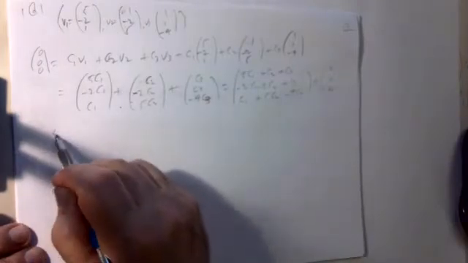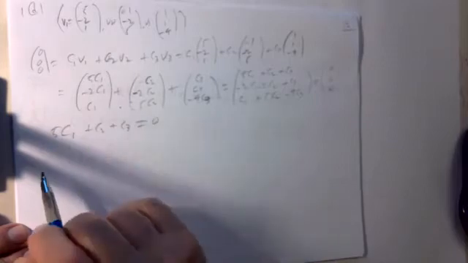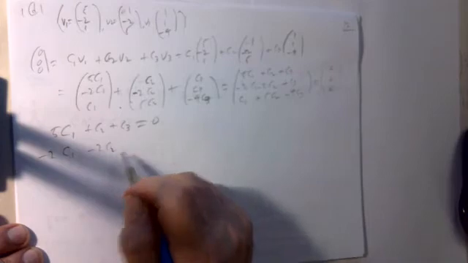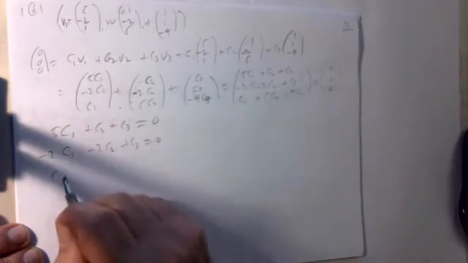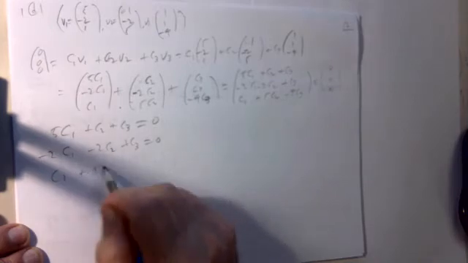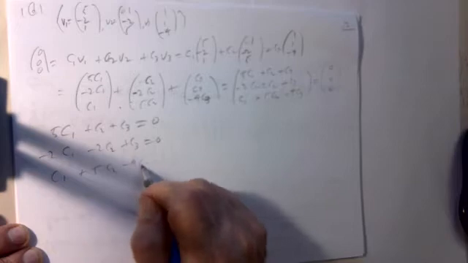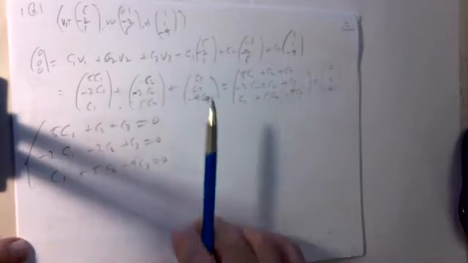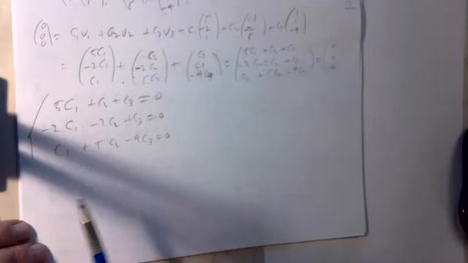The first coordinate is 5C1 plus C2 plus C3 equals 0. The second is minus 2C1 minus 2C2 plus C3 equals 0. And the third is C1 plus 5C2 minus 4C3 equals 0. So C1, C2, and C3 are solutions to this homogeneous system of linear equations.